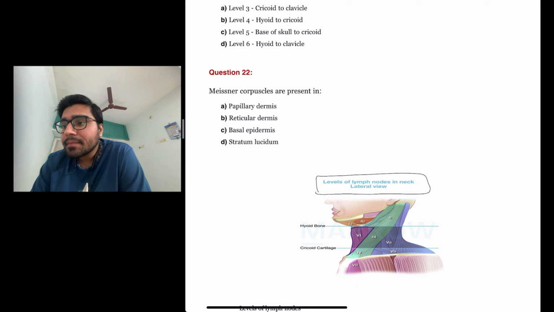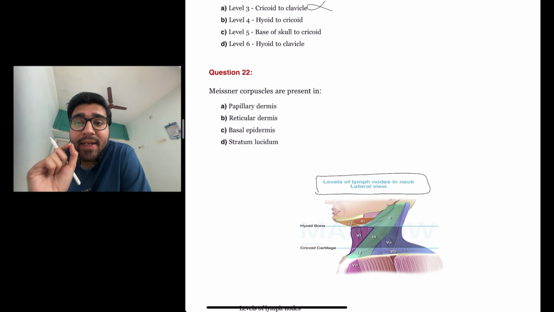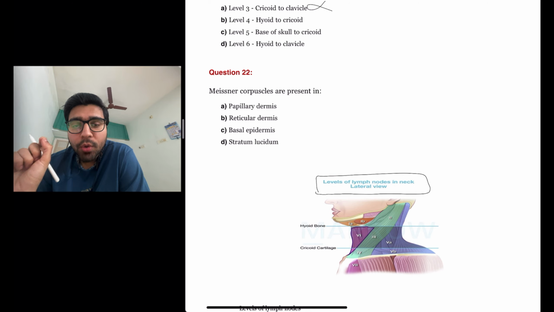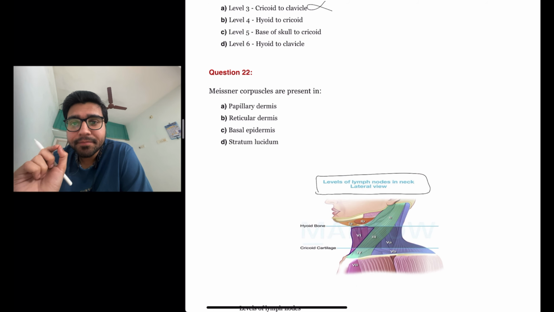Level 3 is cricoid to clavicle. This is wrong. See, the question asked to identify the correct pair, so we have to identify the correct pair from these four options. Level 3 is actually from hyoid to cricoid according to this figure. See guys, you have to know the figure exactly to answer this kind of question.